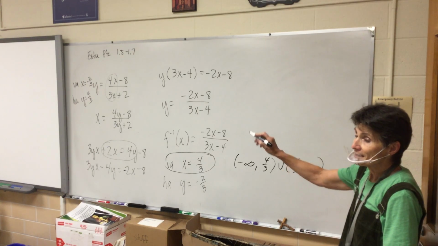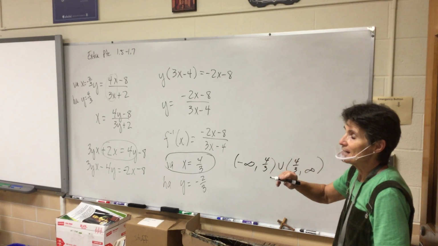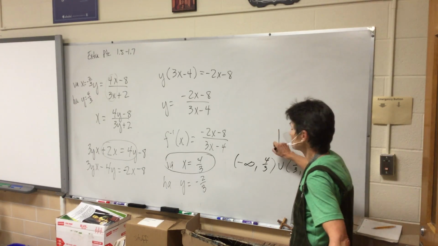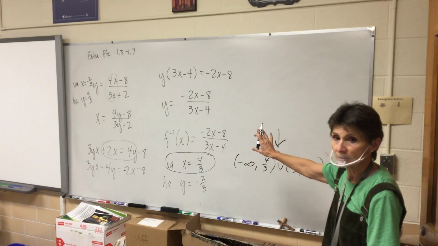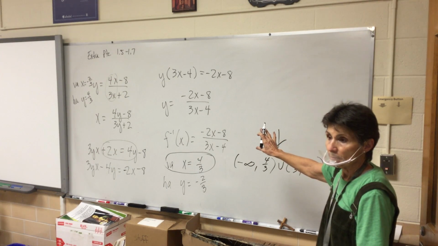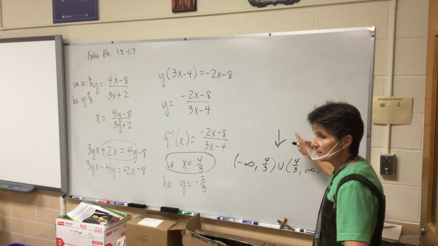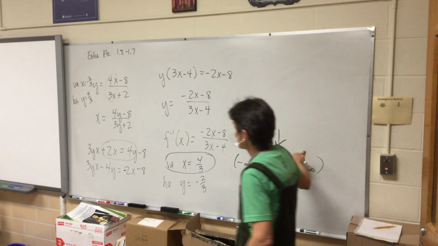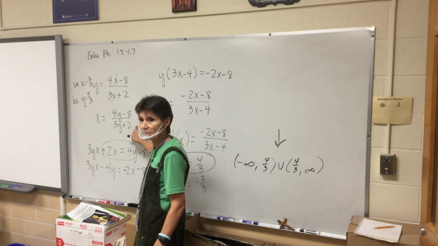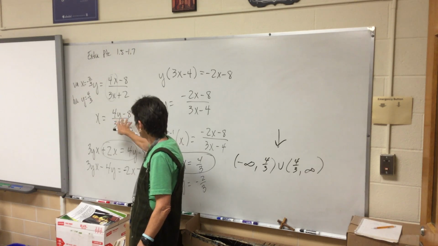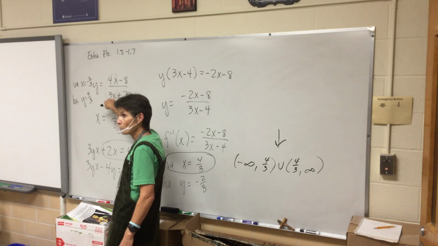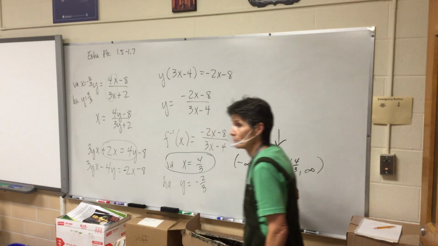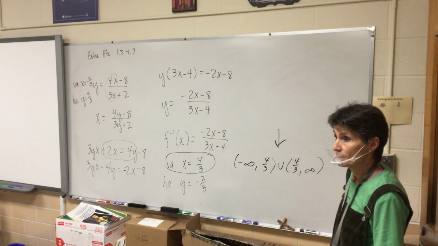Now, what I'm trying to help you see here is, I could have answered this part of the question without doing any work at all, because the domain of this is going to be the range of this, right? So I can look at my original problem and see I have a horizontal asymptote of 4/3, which means this vertical is going to be at 4/3.